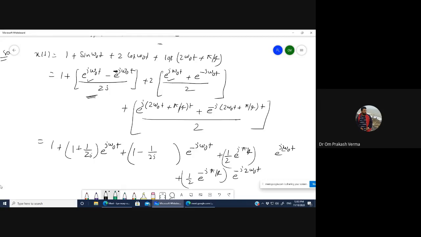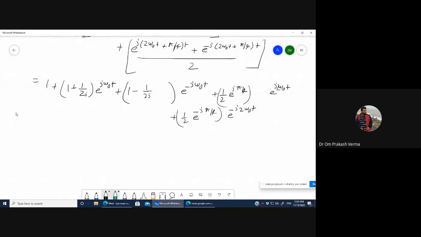Right. So based on this, what is the Fourier series? The Fourier series is nothing but x(t) equals the sum from k equals minus infinity to infinity of a k e to the power j k omega naught t. Right.